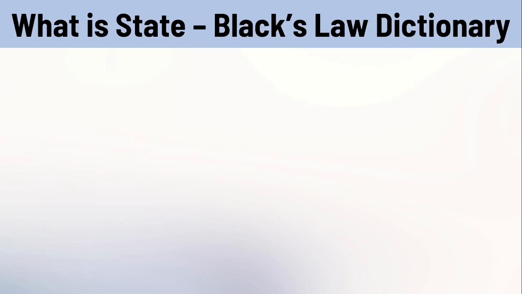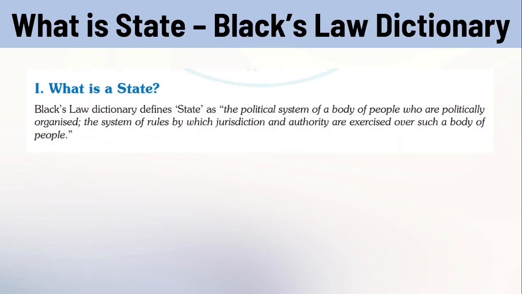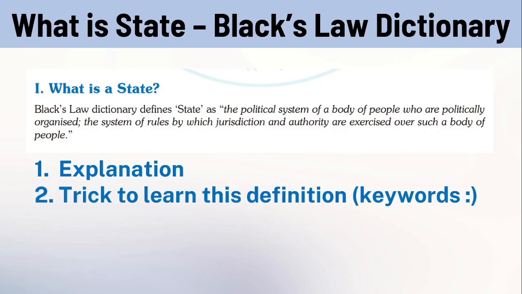What is a state? This is a definition from Black's Law Dictionary, which is also given in our textbook. While this may seem intimidating and you might believe that you have to memorize this, it's not actually needed. I will give you the explanation of this definition, and I'll also tell you a trick to learn this definition, emphasizing the keywords and how we can use these keywords to frame the entire definition without having to memorize it.